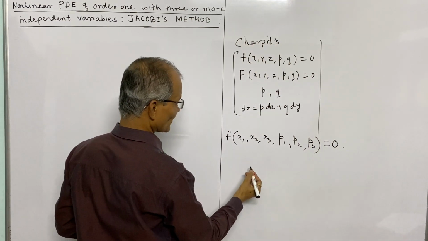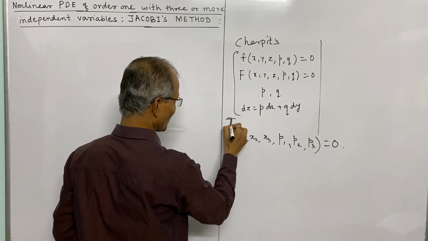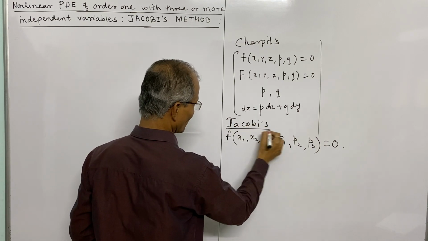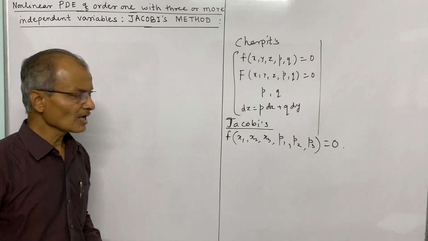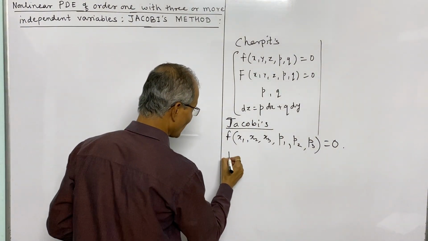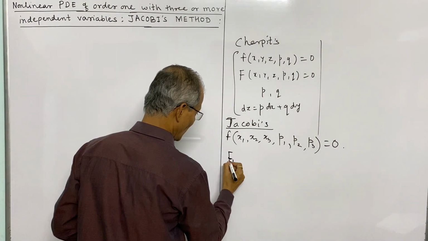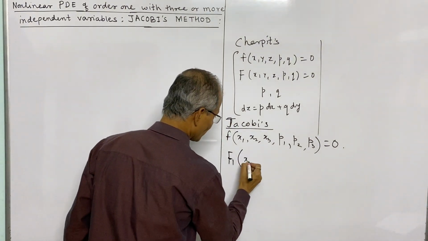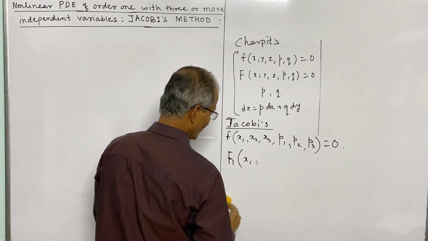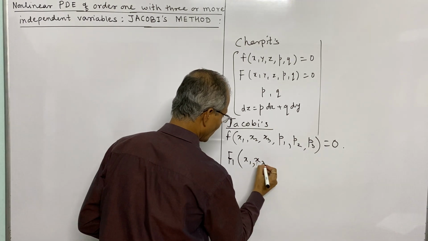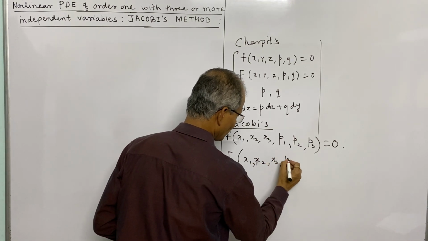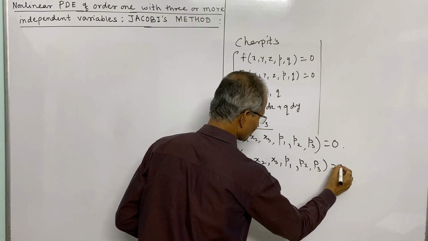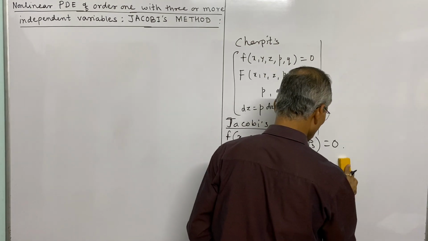Now we are going to consider this type of equation, and therefore we will require two additional relations, which we denote as f1 of the same variables x1, x2, x3, p1, p2, p3, equal to c1 instead of 0.